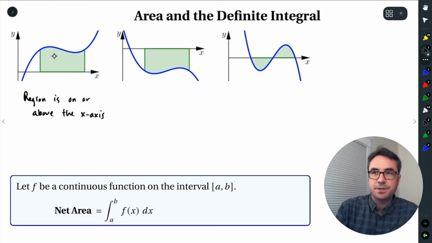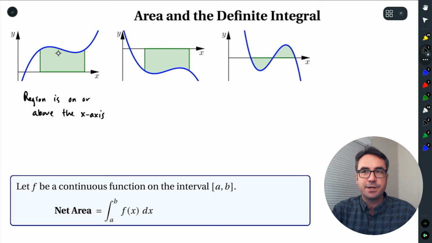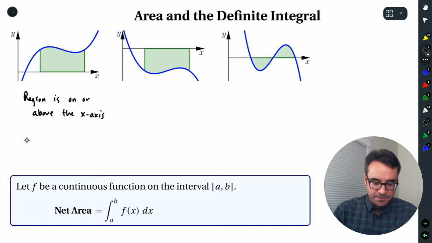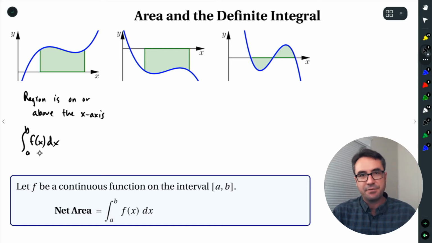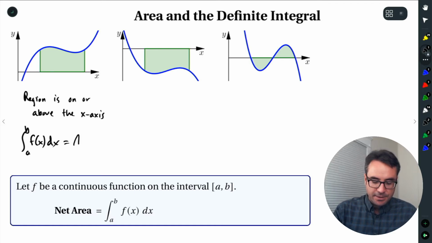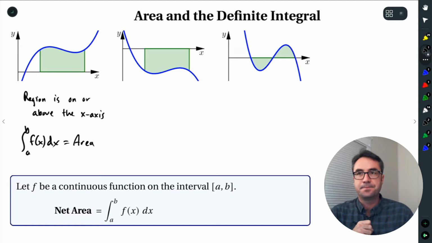So we have this region that's under the curve, and the graph of our function here is above, or maybe on the x-axis, but mostly above. So we've already seen this, and what our definite integral calculates, the integral from a to b of f of x dx, it just calculates the area for that region.